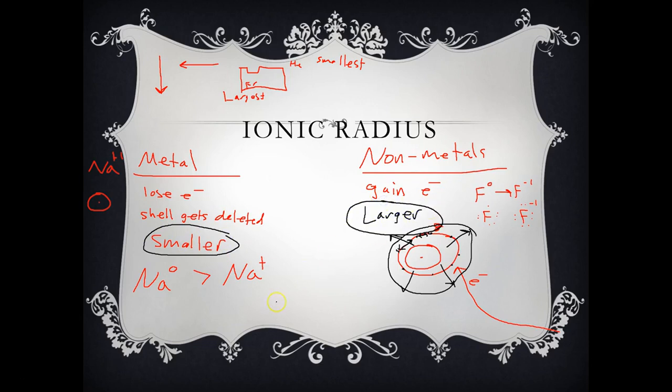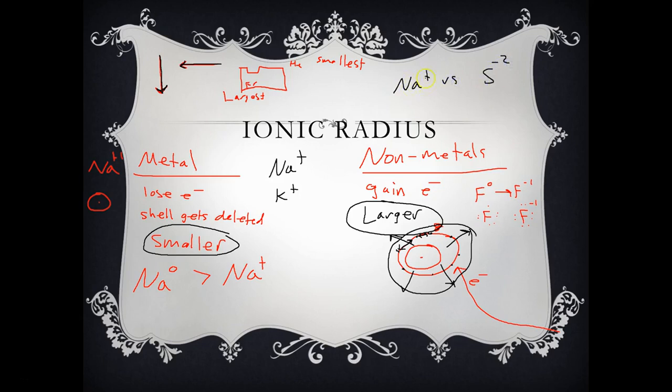Okay. So if you're comparing ions that do the same thing, like if you're going to compare a sodium ion to a potassium ion, you're going to follow the trend on atomic radius. They're going to increase down and to the left. Okay, but what if you want to compare the ionic radius of a sodium versus a sulfur atom?